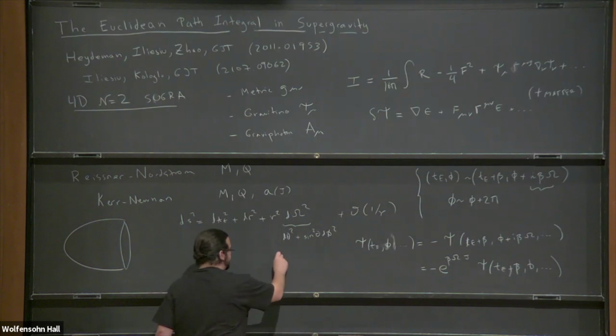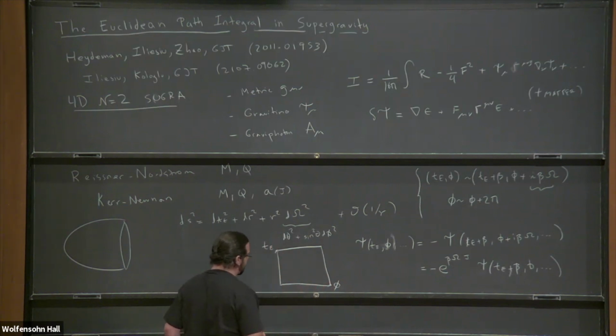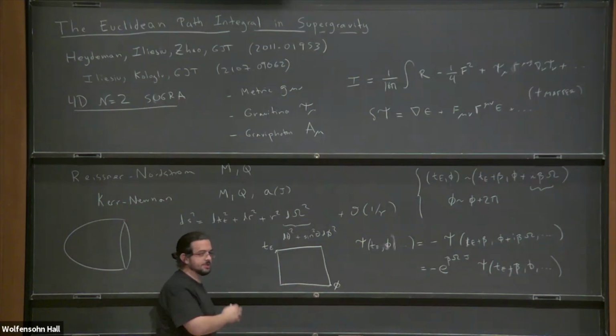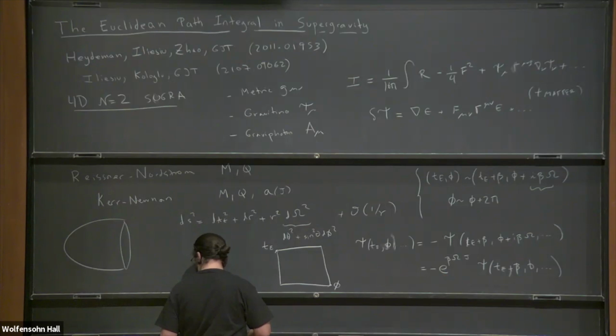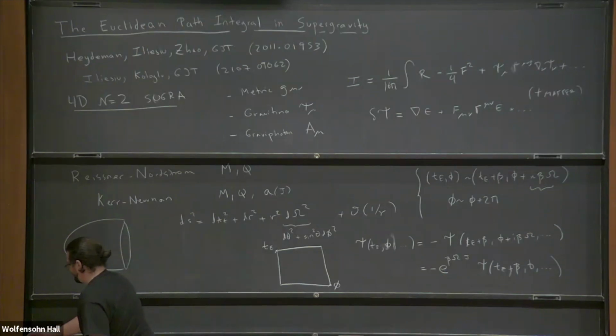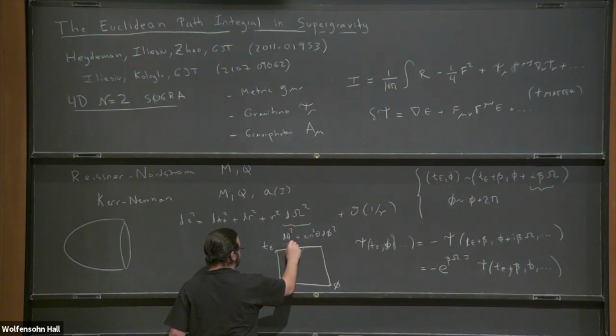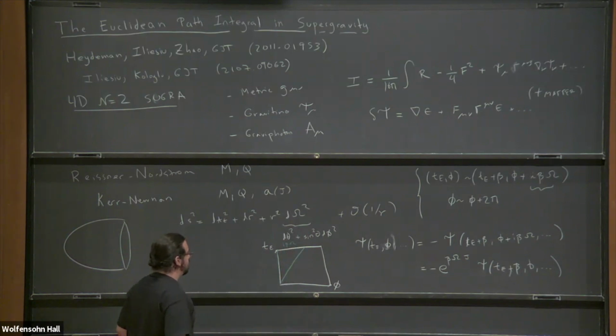Okay, and one picture for this that is useful to have in mind is that if this is phi and this is Euclidean time, then things are periodic or anti-periodic with respect to phi because that one is always contractible. The circle that is becoming contractible at the horizon is tilted in some way compared to Euclidean time by a distance i beta omega.